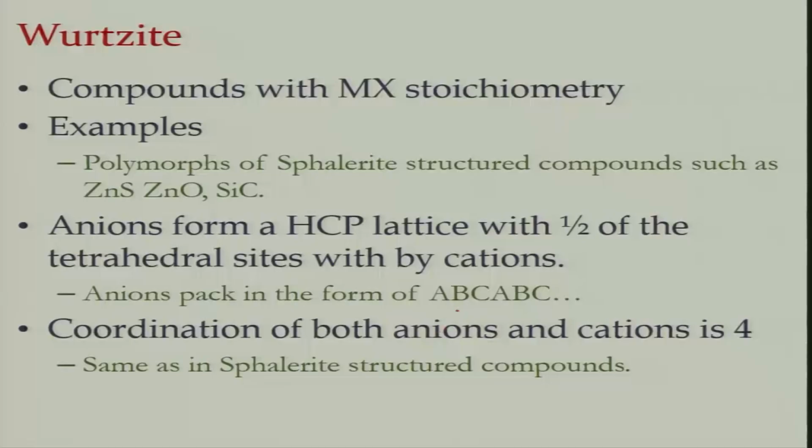And here anions pack in the form of AB, it's not ABC, ABC, it's AB sort of packing, and tetrahedral sites are occupied by the cations. The coordination of both anions and cations, by stoichiometry, has to be similar. As a result it is 4, and it is similar to what we saw in sphalerite structured compounds.